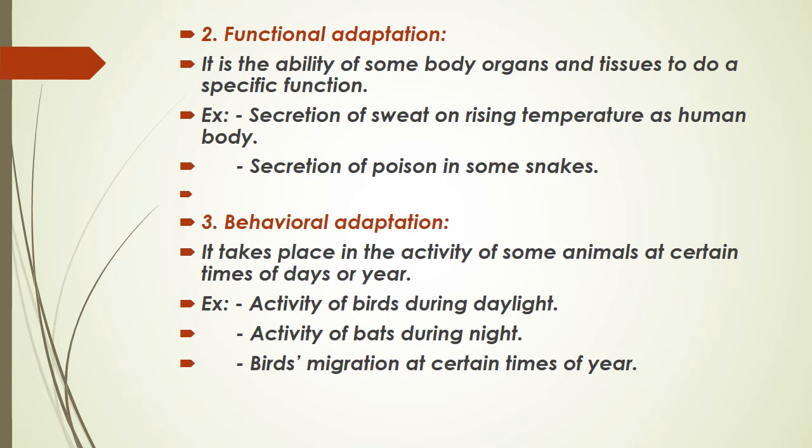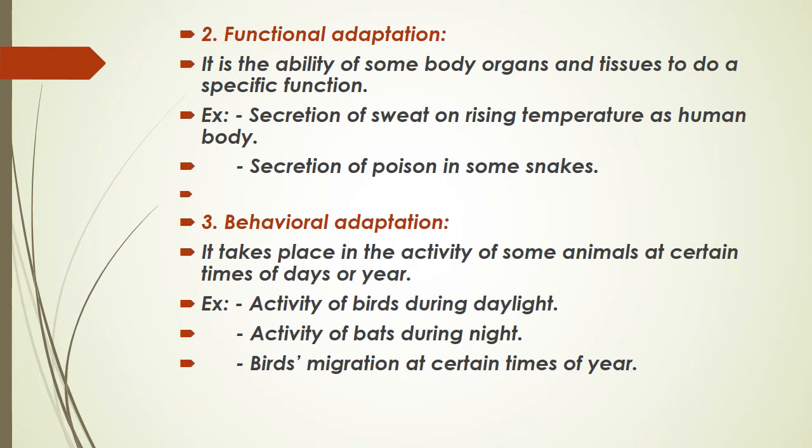Functional adaptation. We talked about structural or anatomical. Now we talk about functional adaptation. It's the ability of some body organs and tissues to do a specific function, like secretion of sweat on rising temperature in the human body, and secretion of poison in some snakes. This is functional adaptation.